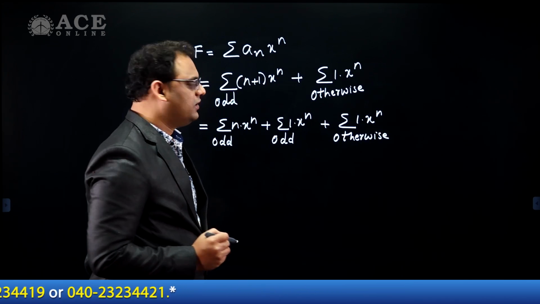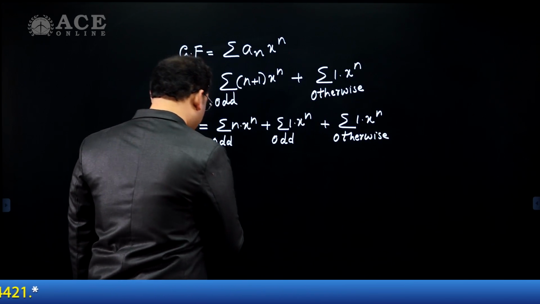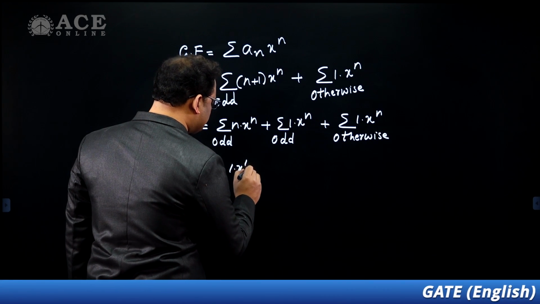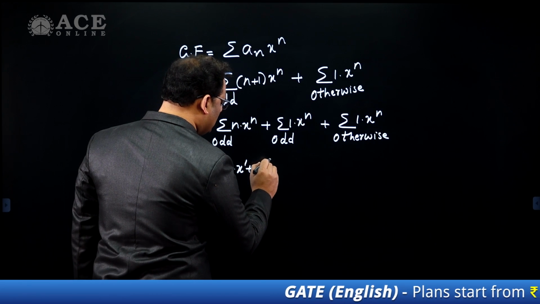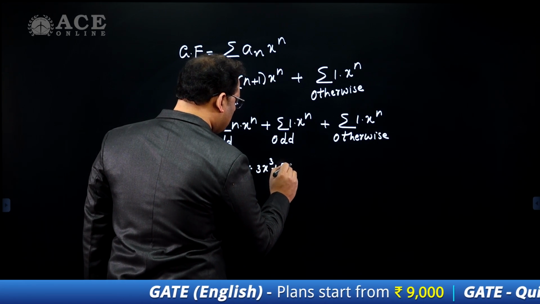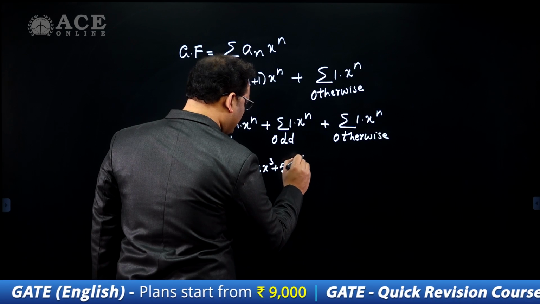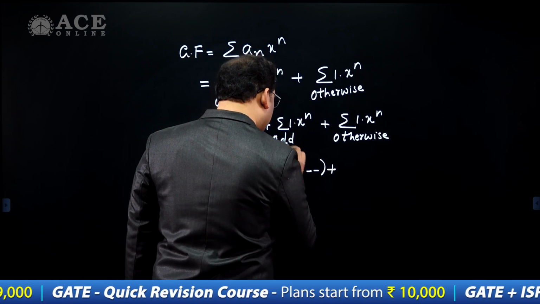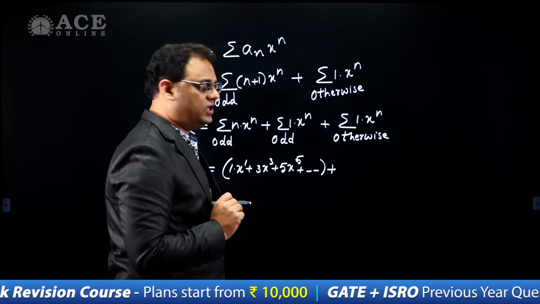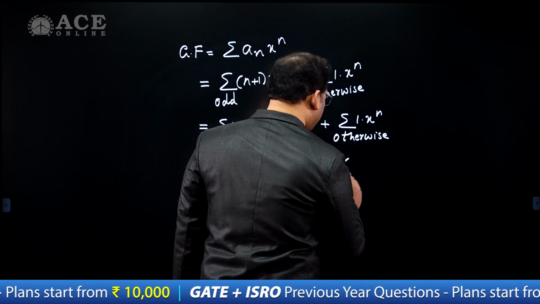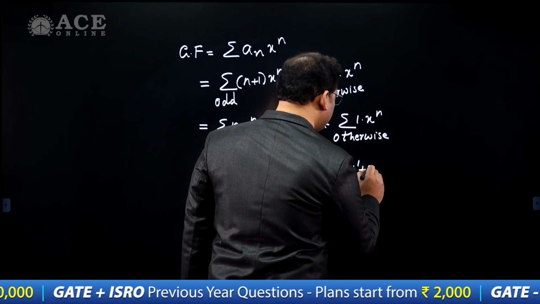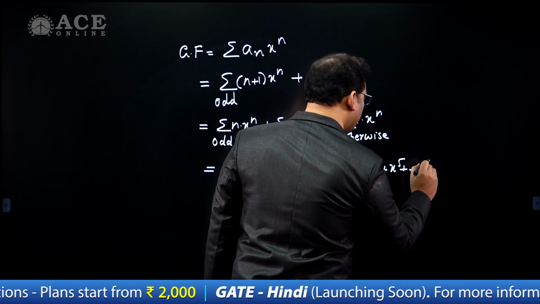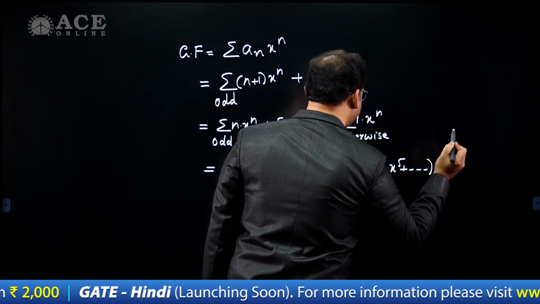Fine. Now let us elaborate this. Here we have 1 into x, 3x cube, 5x power 5, plus so on. The other term is the otherwise case.